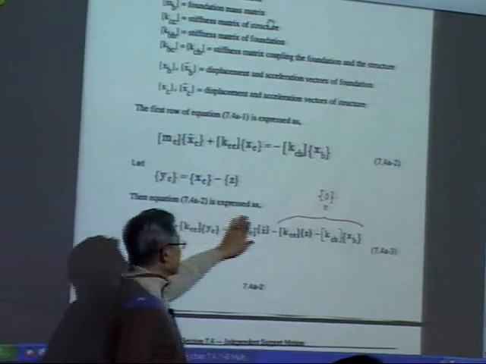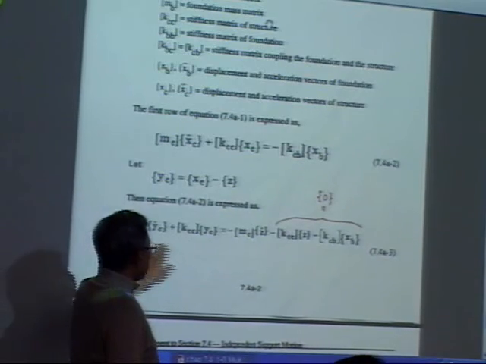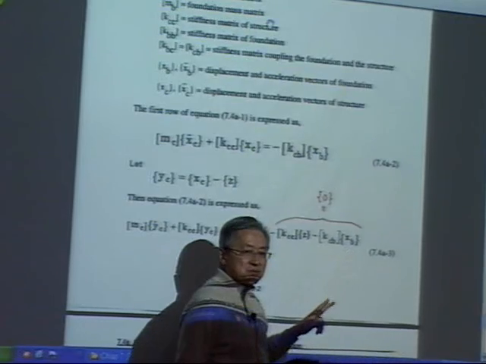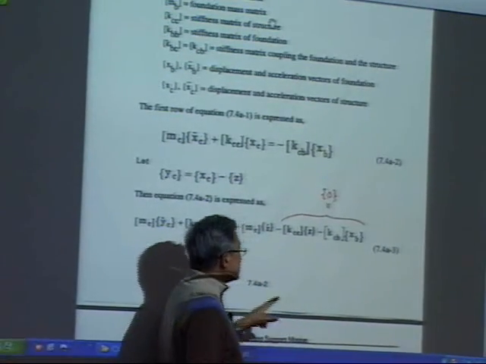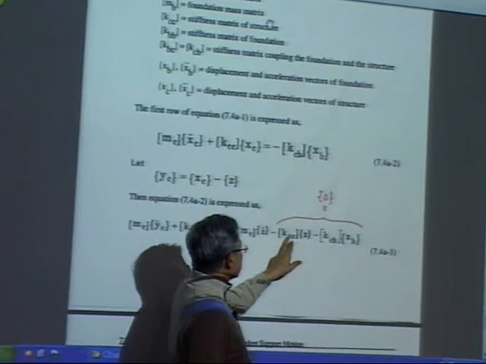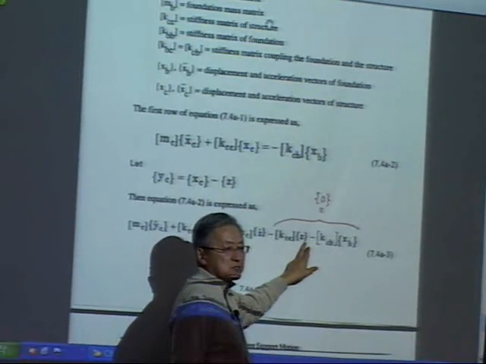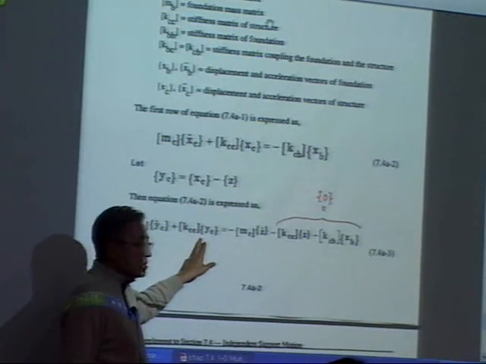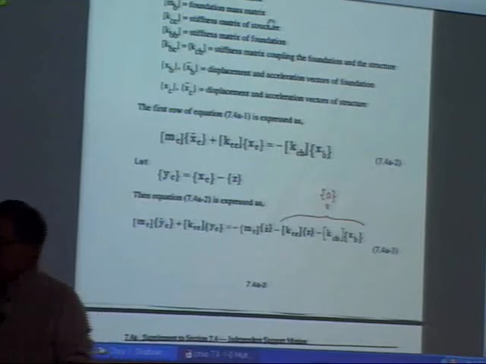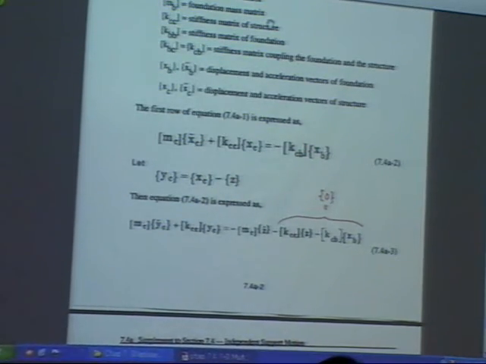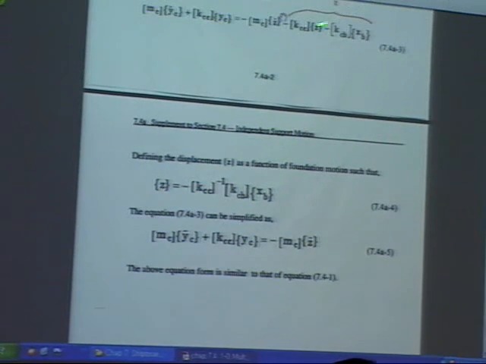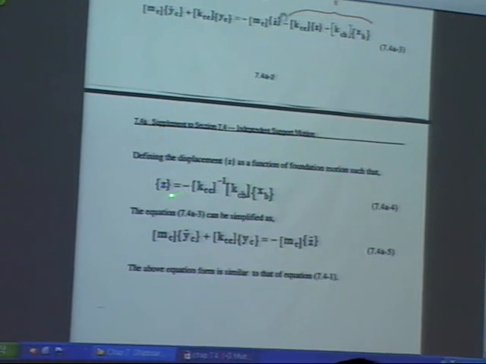We are familiar with this expression. Then if I set this guy equal to 0, then you have two sets of equations. One set is defining this expression, defining Z, and this expression for solution of the response. So that equation is here, Z, and the remaining equation is here.